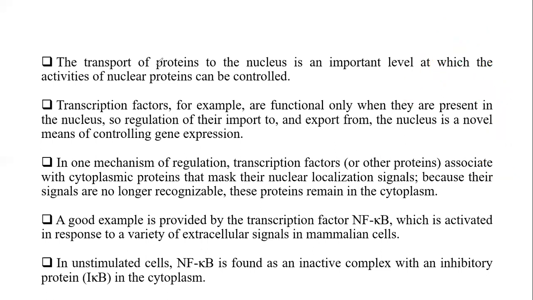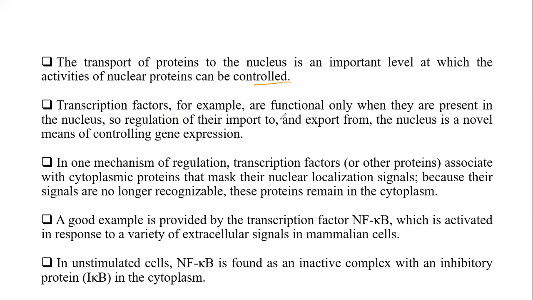Okay, so the transport of the proteins to the nucleus is an important level at which the activities of nucleoproteins can be controlled. Transcription factors, for example, are functional only when they are present in the nucleus. So the regulation of their import or export from the nucleus is a novel means of controlling gene expression.